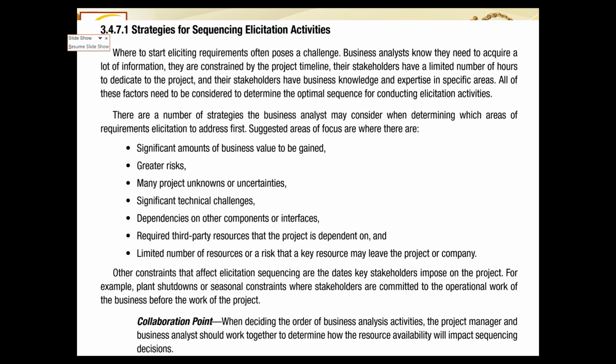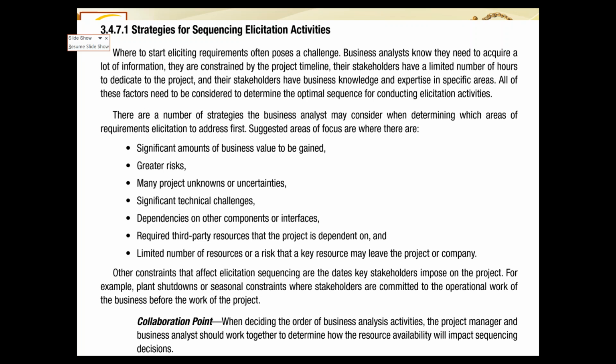So while we are establishing the strategies for sequencing elicitation activities, the project manager and the business analyst have to have some collaboration point. When they are deciding the order of business analysis activities, the project manager and business analyst should work together to determine how resource availability will impact sequencing decisions.